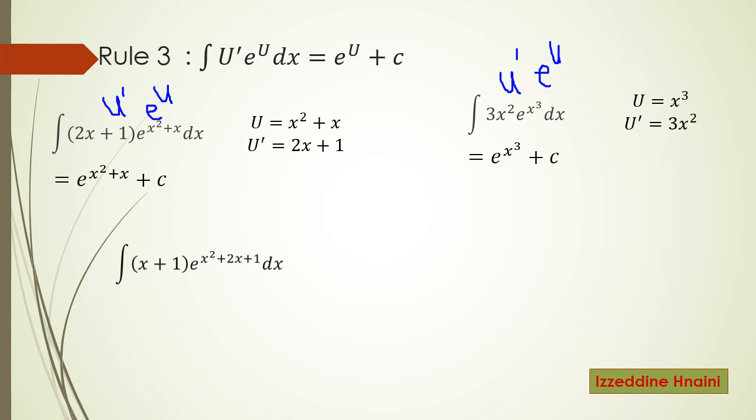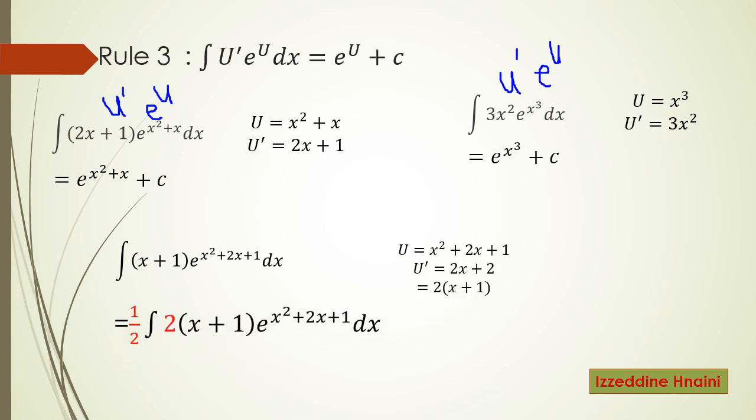Third example on this rule, (x + 1) e^(x² + 2x + 1). Here we take u = x² + 2x + 1. u' is 2x + 2. If we take common 2, it is 2 into (x + 1). But here we have x + 1.